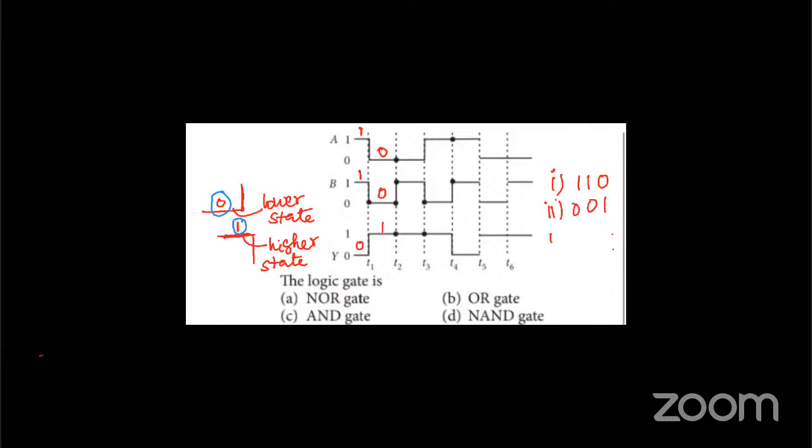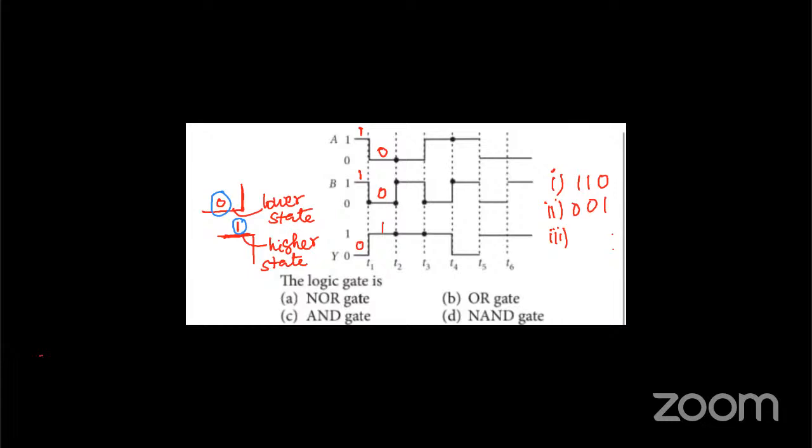And for the third combination, try and tell me how to put the zeros and ones for the third combination.